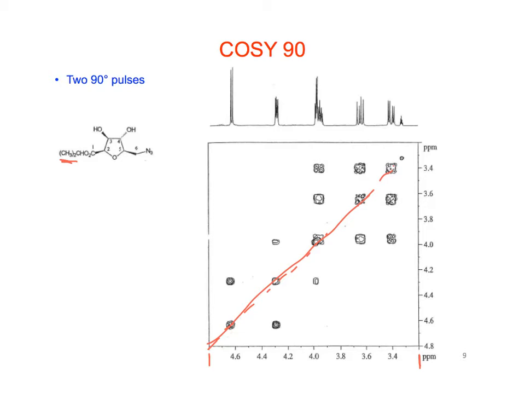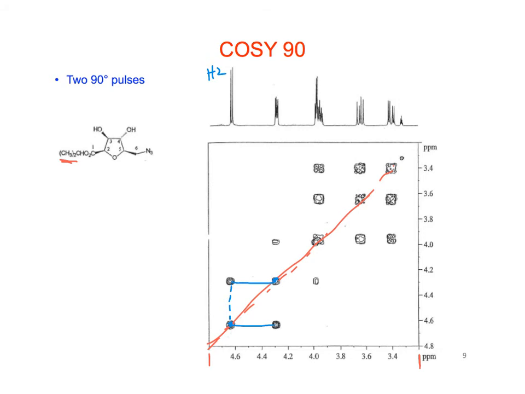Probably number one. Well, number one doesn't have any protons on it. Number two. Number two probably, right? Because it has an oxygen attached and it has that ester attached to it. Okay, so if we identify this one as H2, then from that signal we can go either vertically or horizontally over to here.